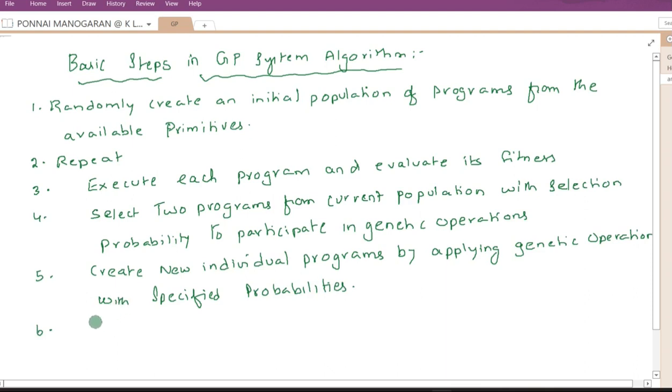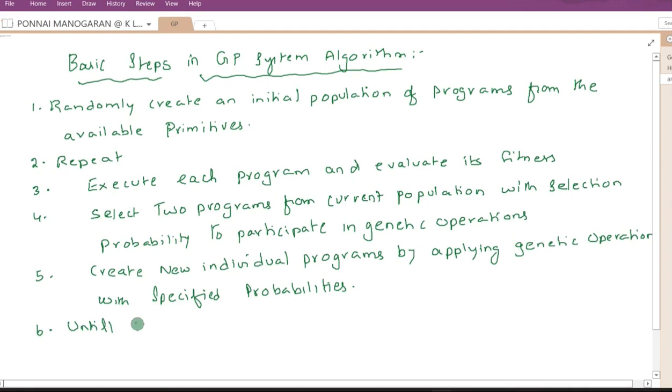And the next step is you need to repeat steps 3, 4, 5 until the termination criteria is reached.